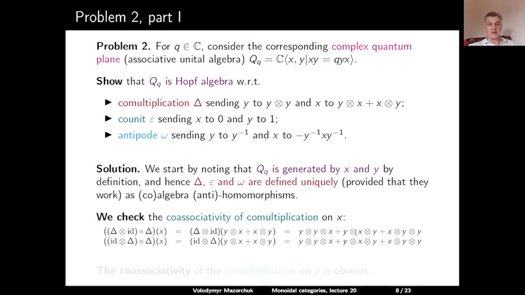So this checks the co-associativity when applied to x. The co-associativity when applied to y is obvious because the formula is very easy, and in both cases, one will just get y tensor y tensor y. So this checks the co-associativity of our comultiplication.